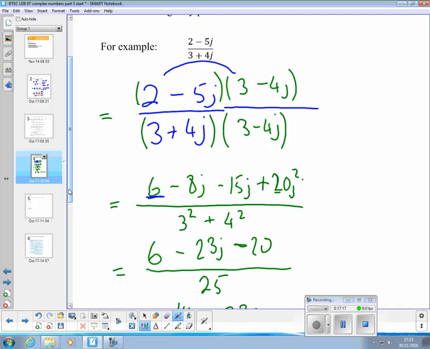We do 2 times minus 4j, minus 8j. We do minus 5j times 3 is minus 15j. And we do minus 5j times minus 4j, which is plus 20j squared.